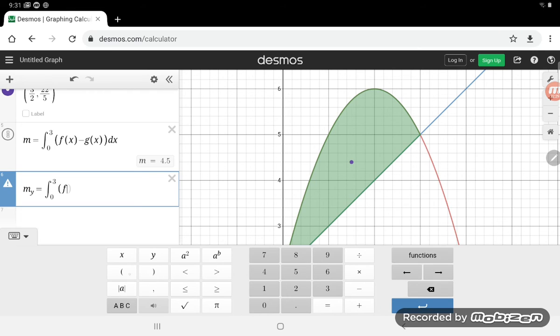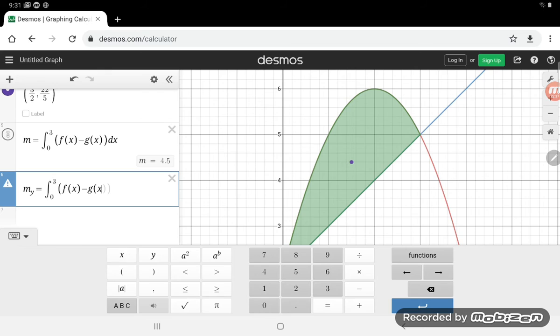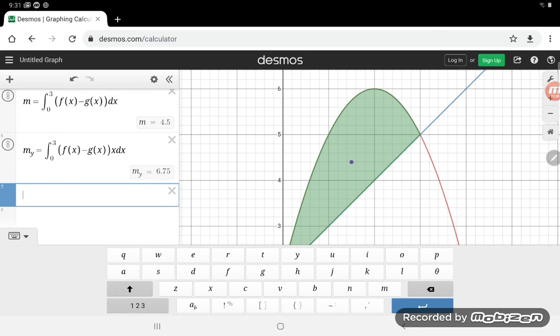F of x minus g of x, and then times x and dx. Okay, and we got 6.75.